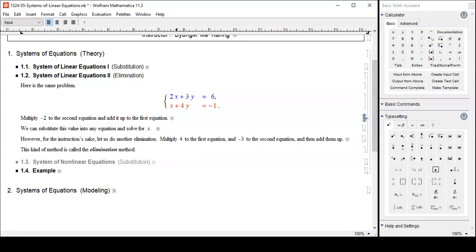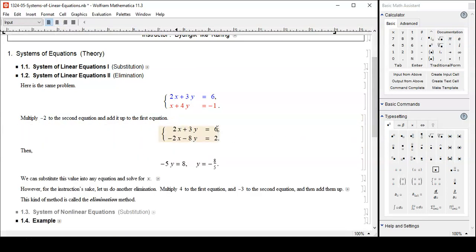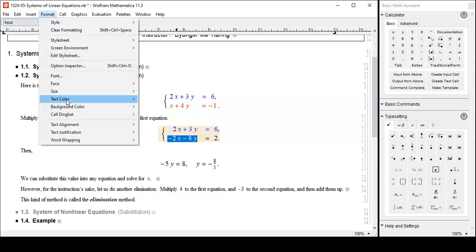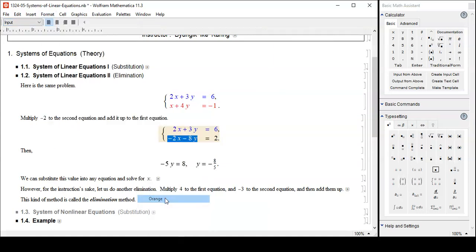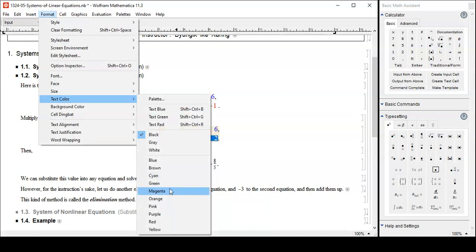Let's see, what did I do here? Multiply by negative 2. So the first equation stays the same. Blue stays blue. And then the second equation, which used to be red, let's keep to something close to red. Let's see, orange? Orange is not strong enough.